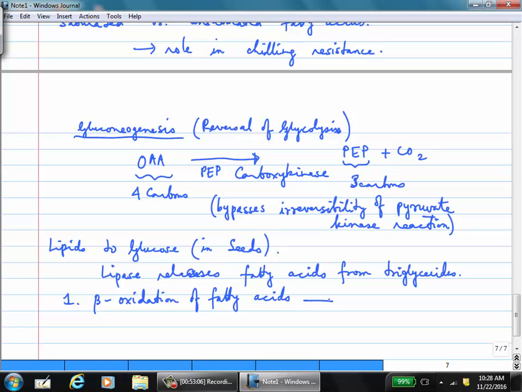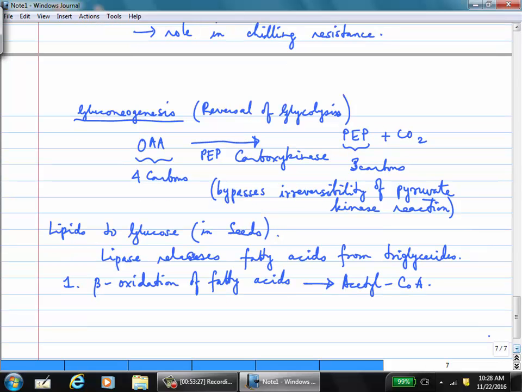So the beta oxidation of fatty acids will give you what? If you break down fatty acids using this procedure called beta oxidation, you get acetyl coenzyme A.